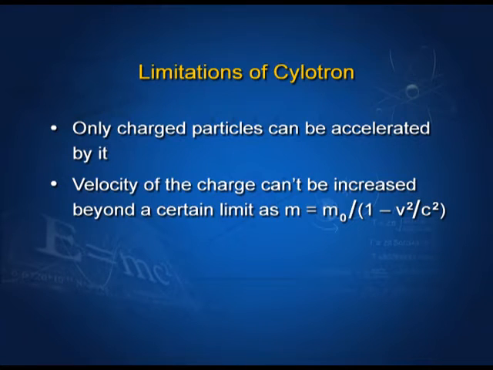As we know, according to Einstein's theory of relativity, the mass of the charged particle increases with velocity by the relation m equals m naught divided by the square root of 1 minus v squared upon c squared. If the velocity of the charged particle is increased close to the speed of light, then the mass of the charged particle also increases.